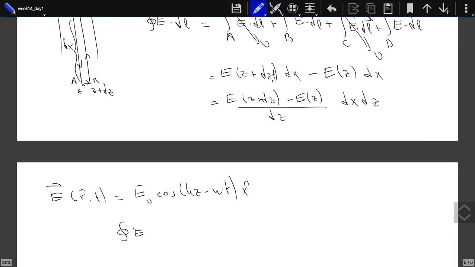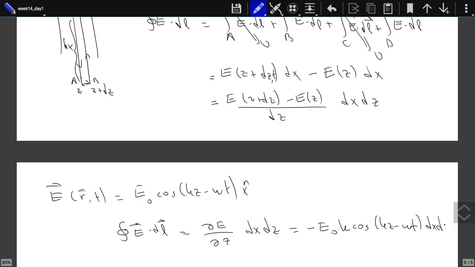So E dot dl is equal to dE by dz times dx times dz. Using the expression for the electric field, we have minus E0 k cosine(kz minus omega t) dx dz. Sine, yes.